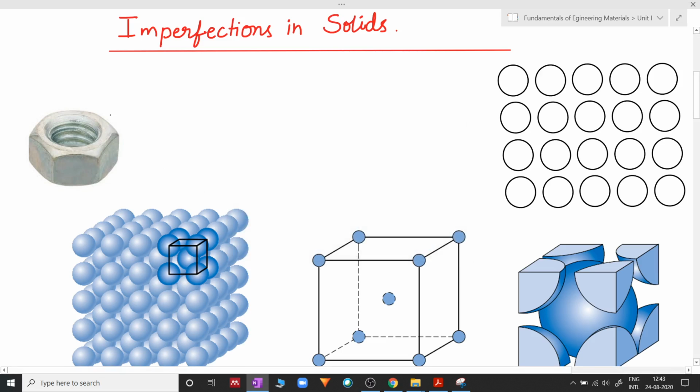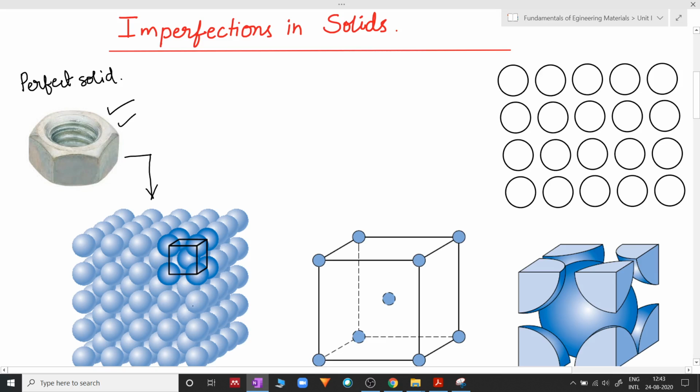If we have a solid like this nut, and the atoms in this material are arranged periodically, the arrangement is proper and periodic, without missing any atom or any foreign atoms or inclusions, then this kind of arrangement of atoms is called a perfect solid.